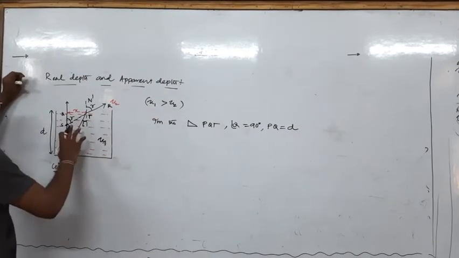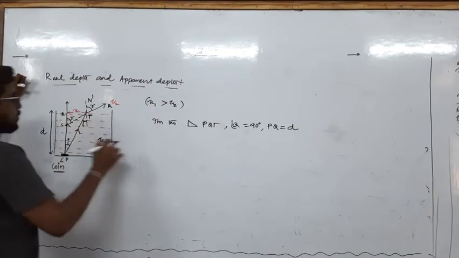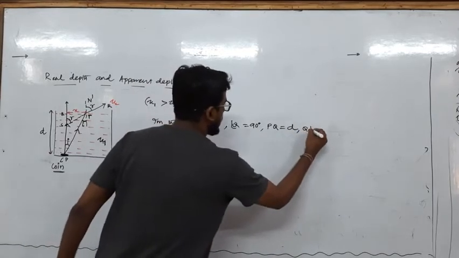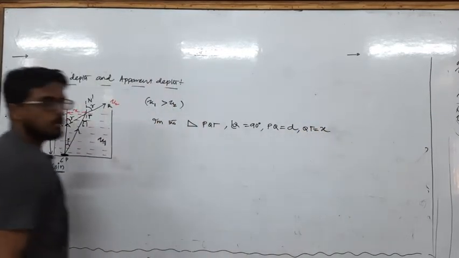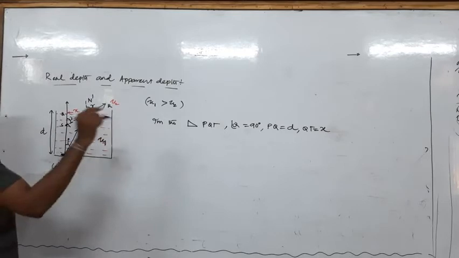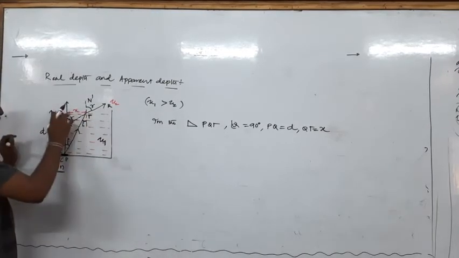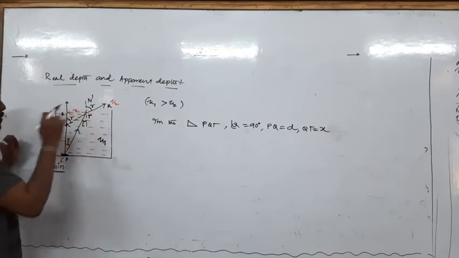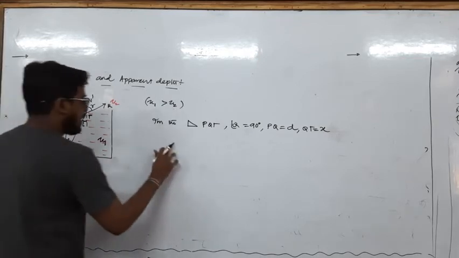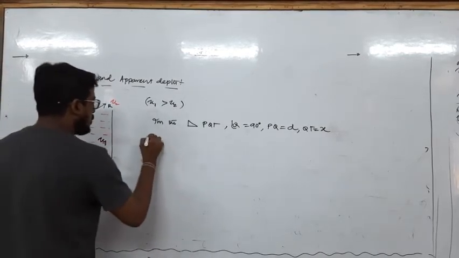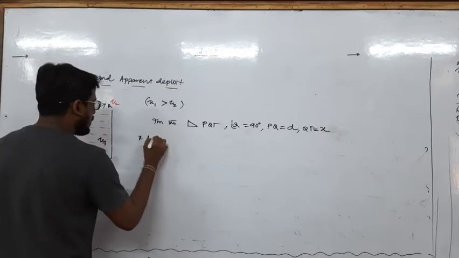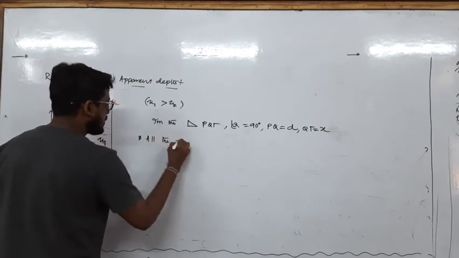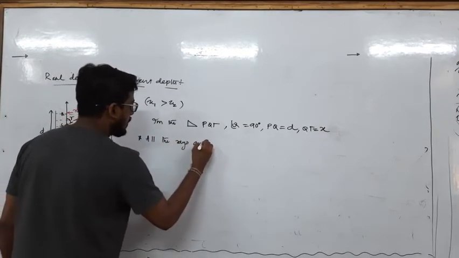And let the distance QT be X. So in this right angle triangle PQT, you have to remember here, all the rays are paraxial.